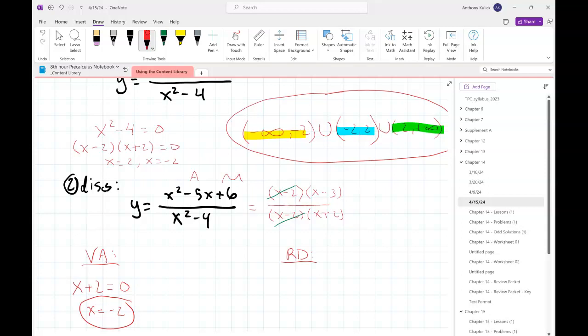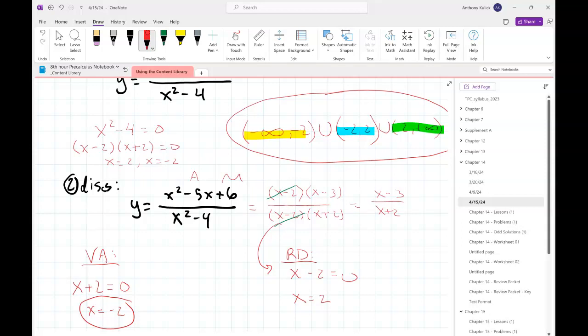The removable discontinuity can only occur if there's reducing, and one of the factors is completely reduced from the denominator. So if I look at my problem, there's no more x minus 2's after I finish the reducing, correct? So that's what I use to find the removable. So I set that equal to 0 and solve.